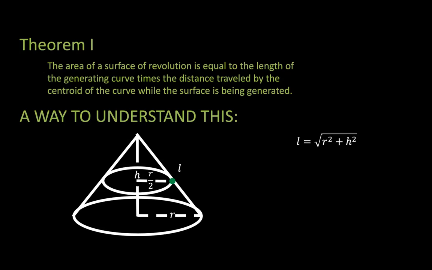L is equal to the square root of r squared plus h squared. The circumference of the circle generated by rotating the centroid is equal to 2 pi times r over 2, so basically this circumference, and that is equal to pi r. The surface area of the cone is thus equal to pi r times the square root of r squared plus h squared.